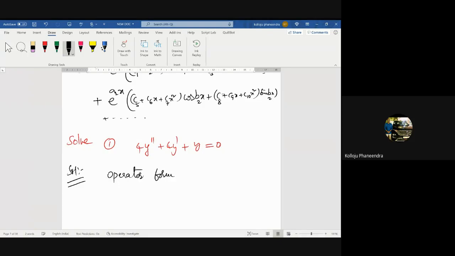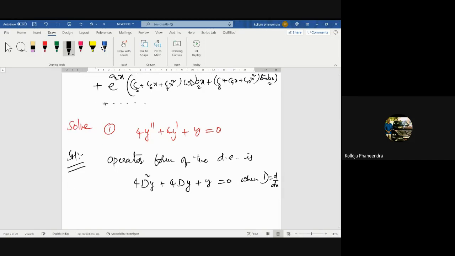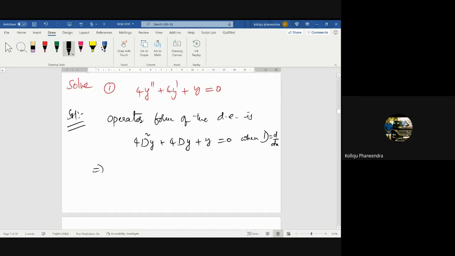It is 4 d square y plus 4 dy plus y equal to 0, where d stands for d by dx. So I can take y common here: 4d square plus 4d plus 1 into y equal to 0.